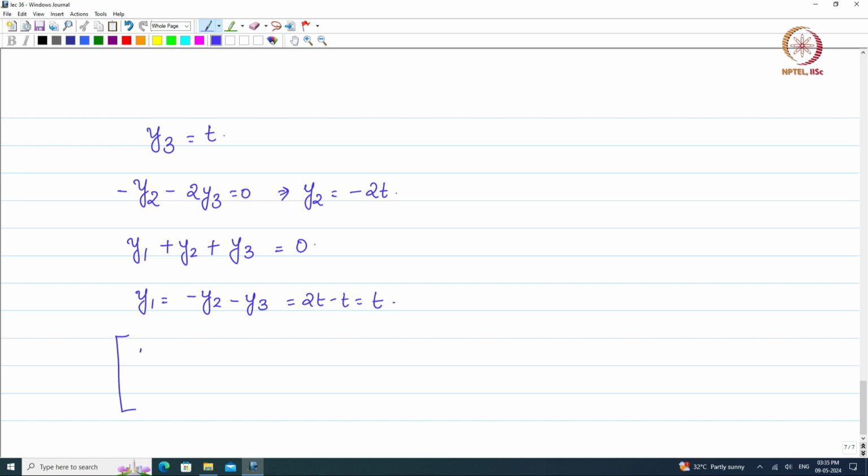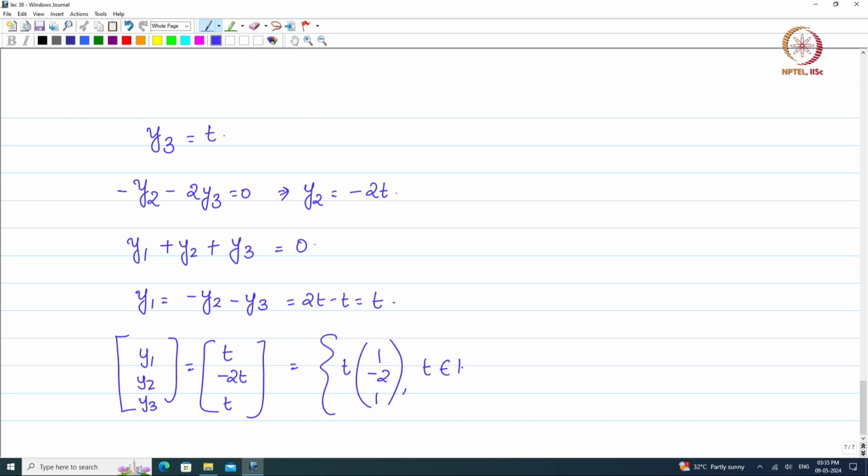Therefore the solution that we have is y1 y2 y3 is equal to t, minus 2t and t, which is the same as t times 1 minus 2 1, for t a real scalar. Now look at this vector and look at the consistency condition that we had.